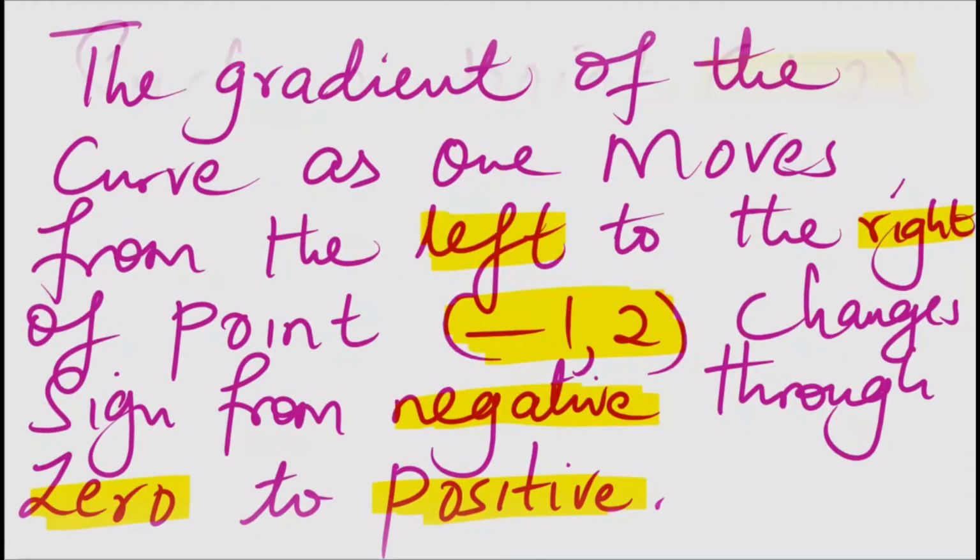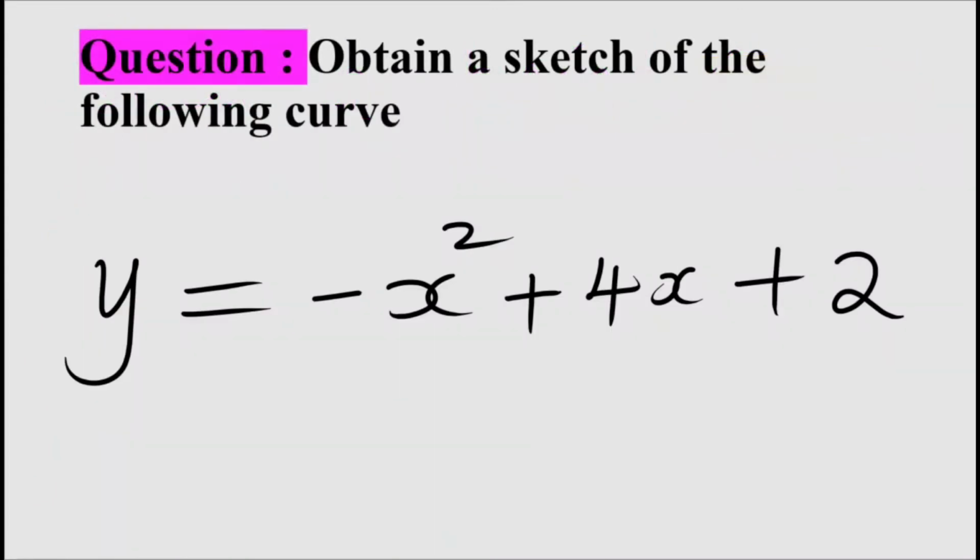Now let's go to something else. I want us to obtain the sketch of the following curve. So y equals negative x squared plus 4x plus 2. So let's obtain the sketch of this. The first thing, let's obtain the gradient function.